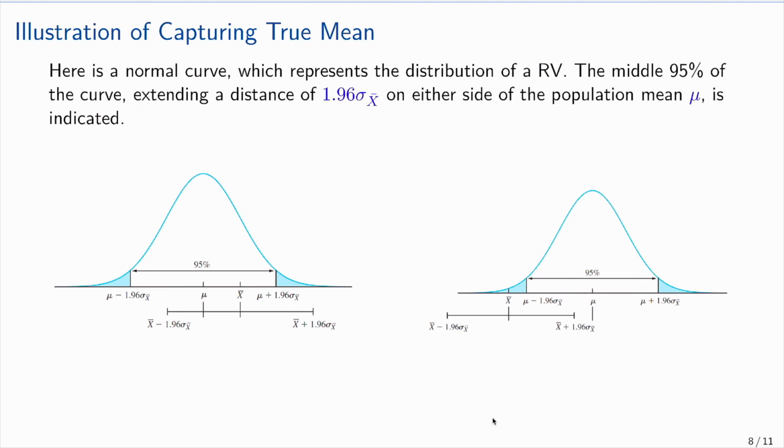Let's illustrate now with an example that shows the actual population mean. In this example, we have the population mean located at this point, and we are going to define a 95% interval of confidence. Now the interval of confidence is for the sample mean.